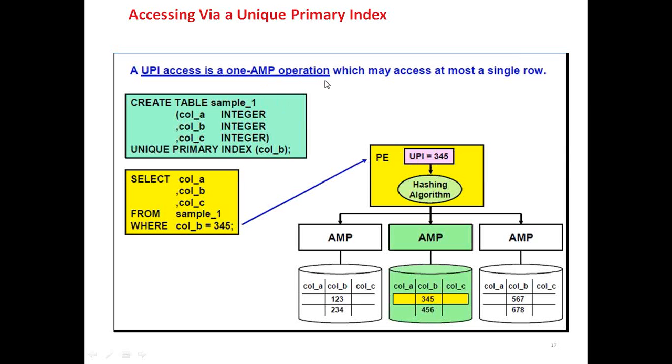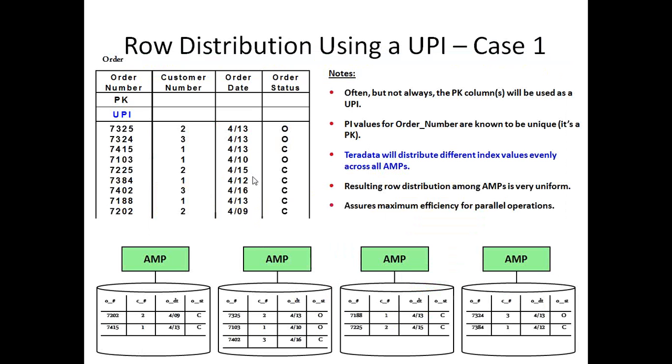Okay. So whenever you have a unique primary index and you are using the primary index in your where clause, it always generates a one AMP operation. So we'll see what happens with a non-unique primary index.